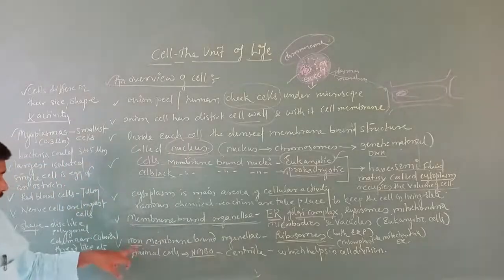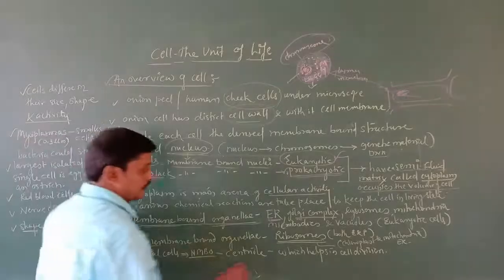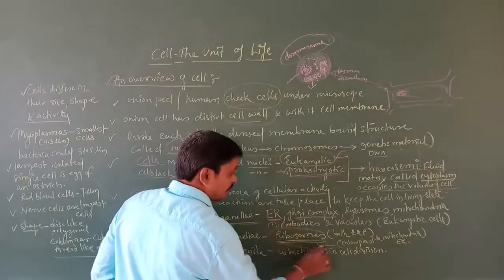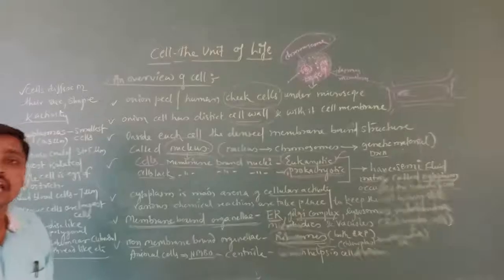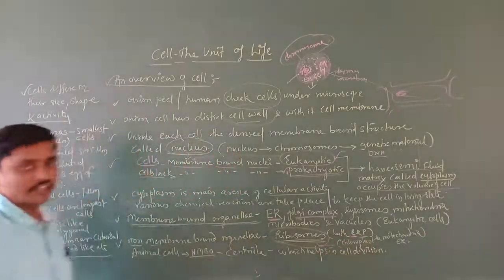Now next we are going to study non-membrane bound organelles. What are the non-membrane bound organelles? The main non-membrane bound organelles are ribosomes, and these ribosomes are present both in eukaryotic and prokaryotic cells.